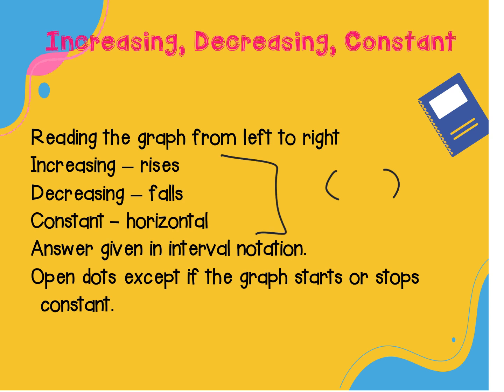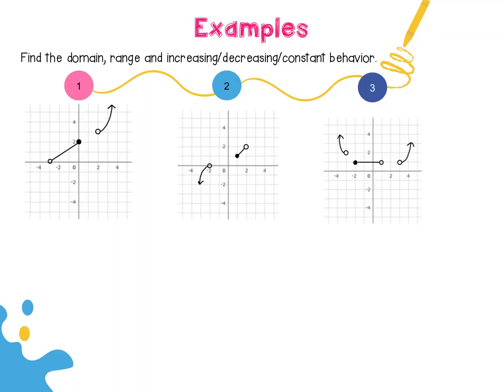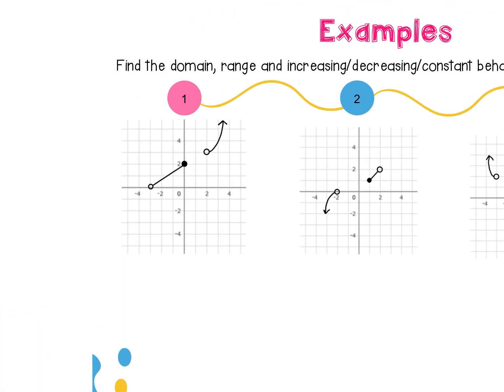So let's go ahead and take a look at some examples. So it wants me to find the domain, the range, where it increases, where it decreases, and if it's constant. Now, it doesn't necessarily have to have all increasing, decreasing, constant.